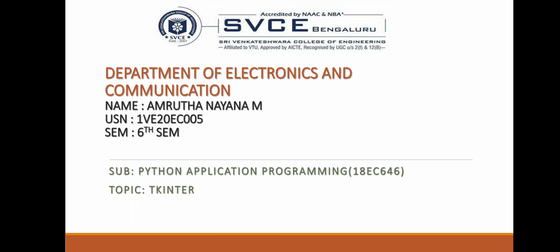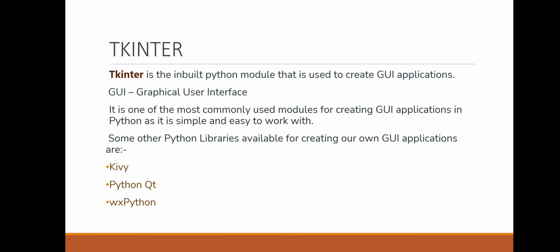So today we are going to discuss a topic called Tkinter from Python Application Programming 18 ECA 646. Let us see what we are going to discuss today. Tkinter is an inbuilt Python module that is used to create GUI applications. So what is GUI here?